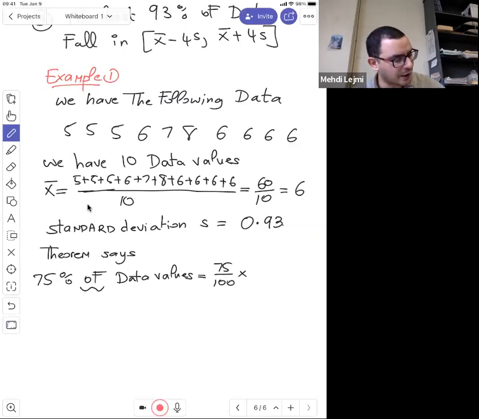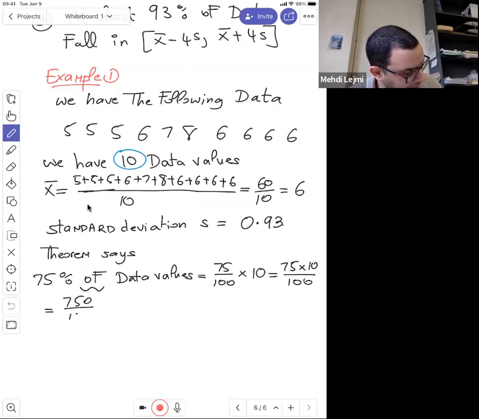We have 10 data values, so 75 over 100 times 10. That's 75 times 10 over 100, which is 750 over 100, so that's 7.5.